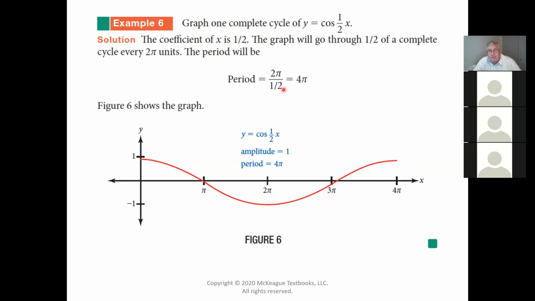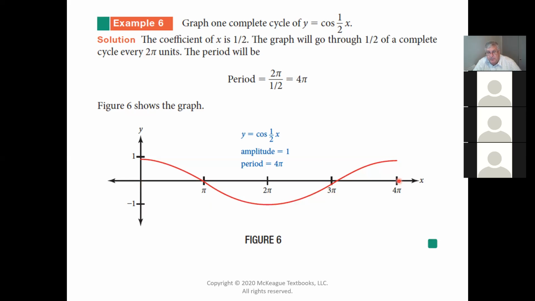Well, 2 pi divided by 1/2 is 4 pi. And therefore, to graph one period of y equals cosine 1/2 x, we start our first tick mark at 0. The last tick mark will be the period, which is 4 pi.